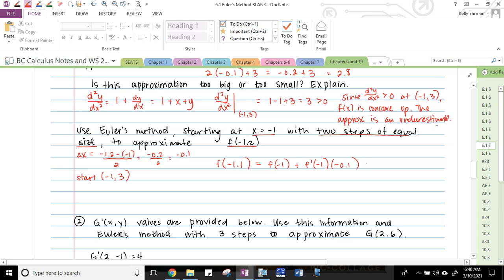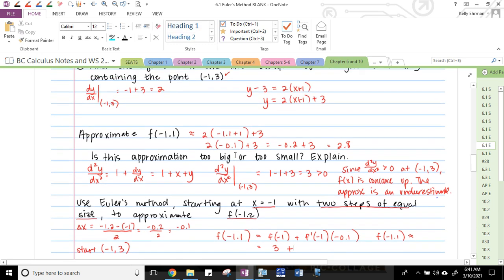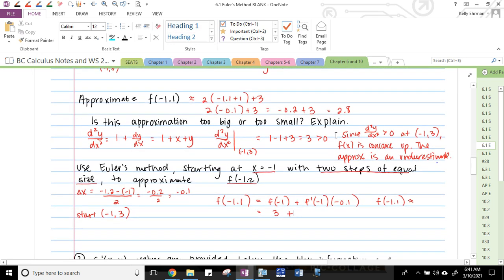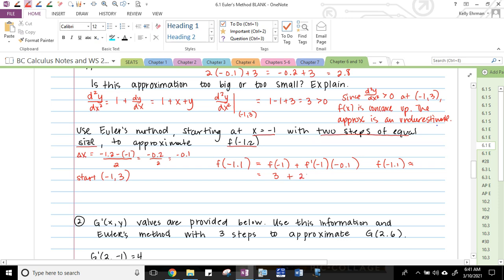So what is our approximation for f of negative 1.1? Well, f of negative 1 was 3, we were given that. And the slope at negative 1, I think we found up here, was 2, times negative 0.1.